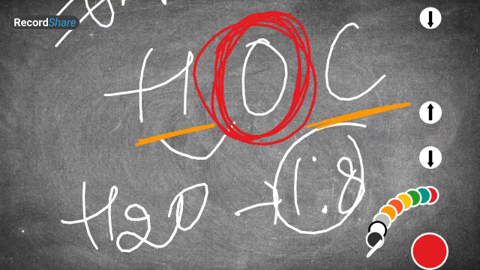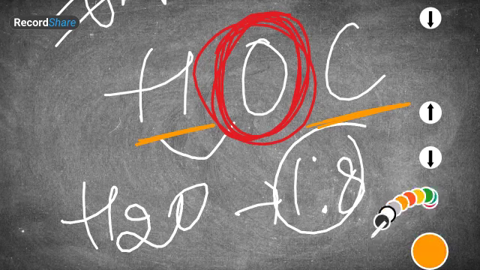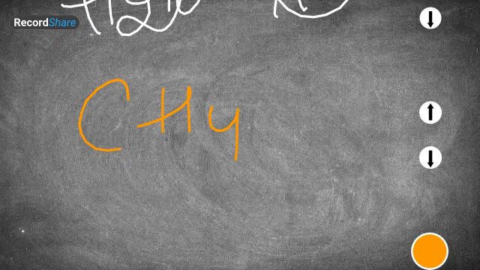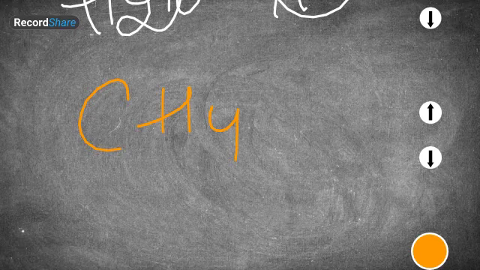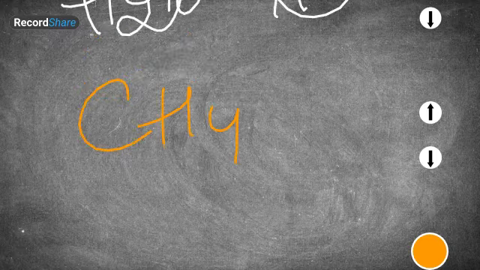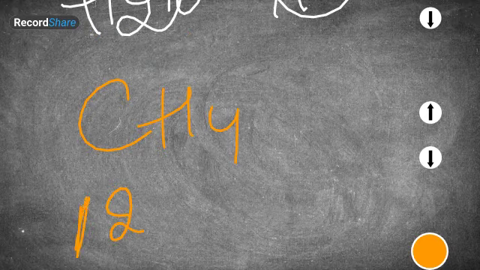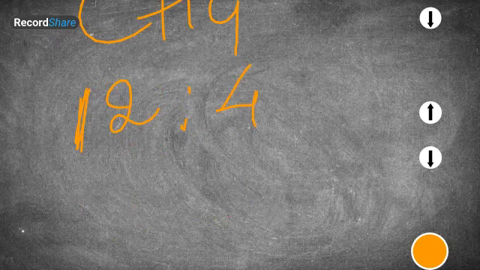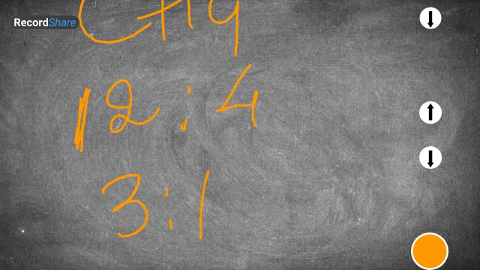When H reacts with C, we get CH4, which is methane. And here the ratio will be 12 is to 4, means 3 is to 1. So this is a simple whole number ratio.